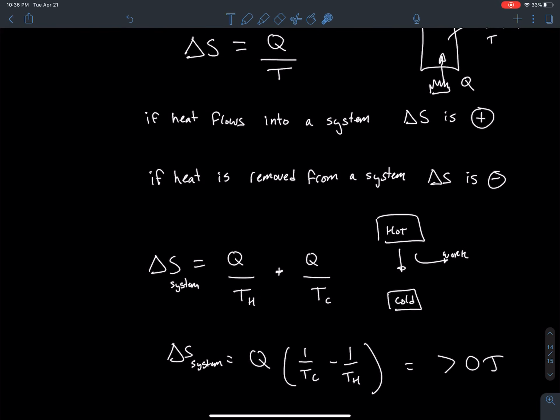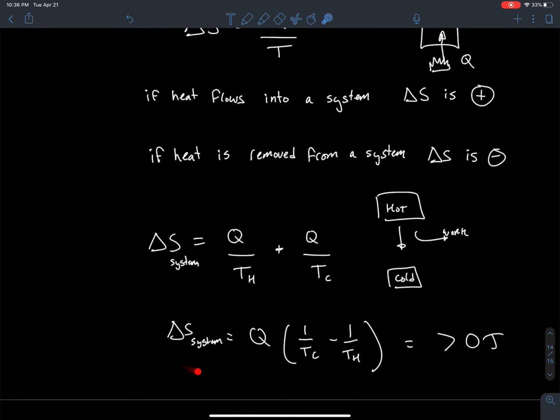If I rearrange this equation, I'd be able to come up with this one. So remember, if energy is going from the hot sink, it's flowing out, so that entropy is going to be negative. And if heat is going into the cold, then that entropy is going to be positive.